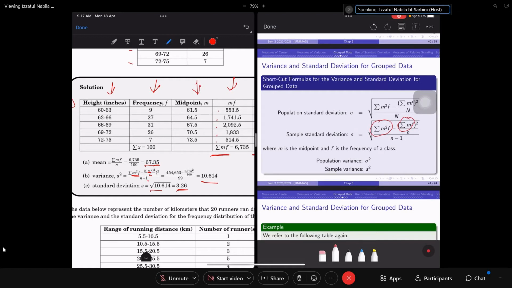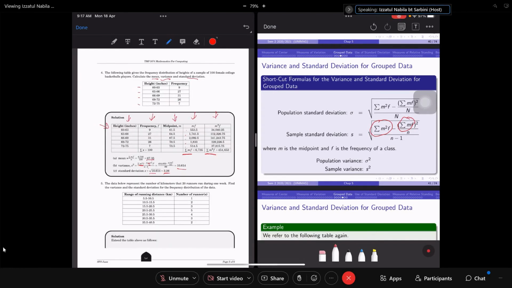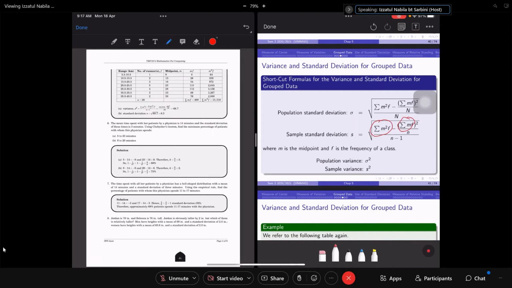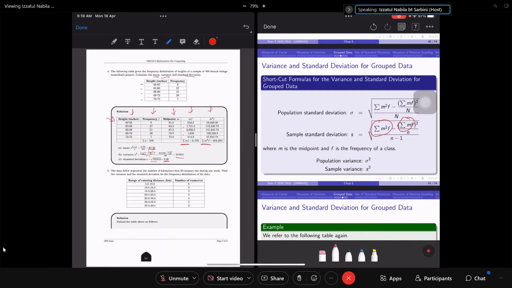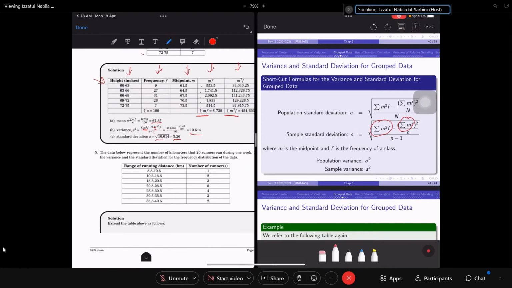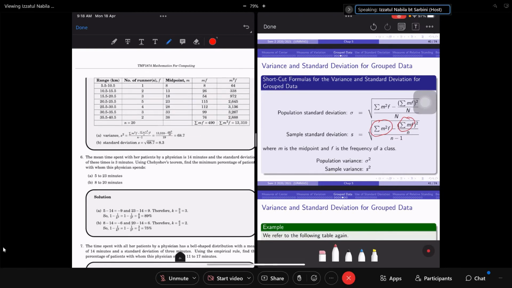Okay. All right. So question 5 is another example of group data. You are given this data here. So first step, always create a table like this that consists of midpoint, MF, and M square F. Always start like this for group data.